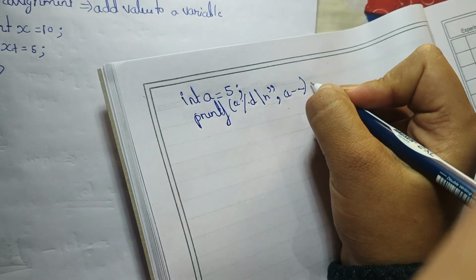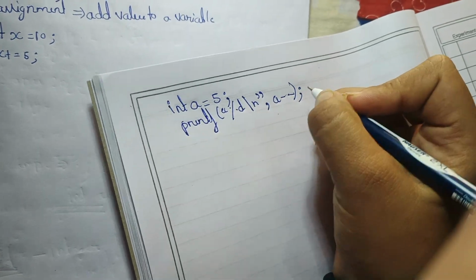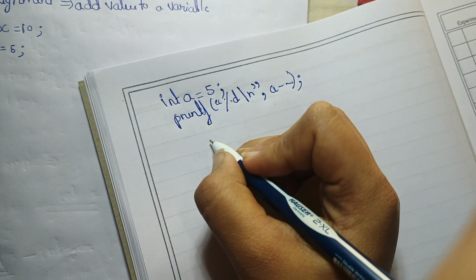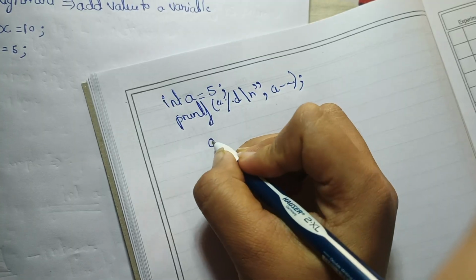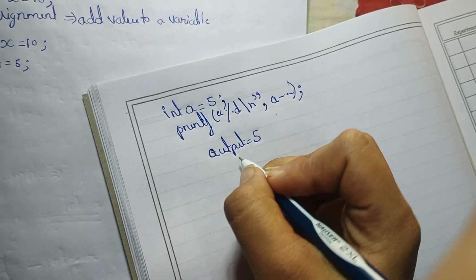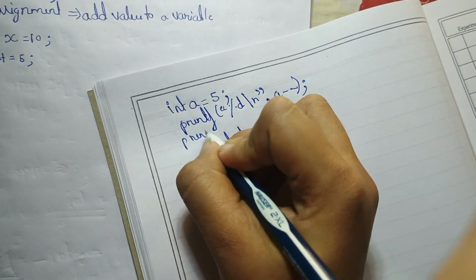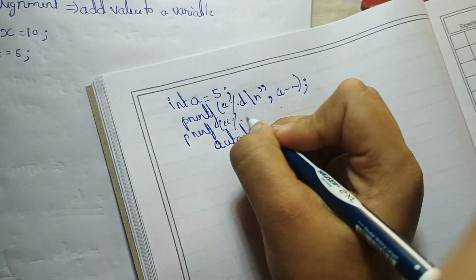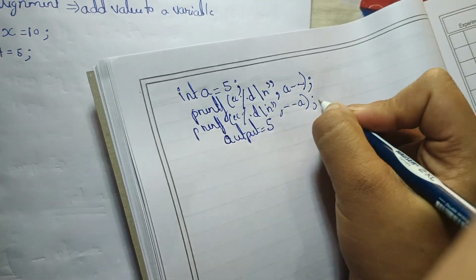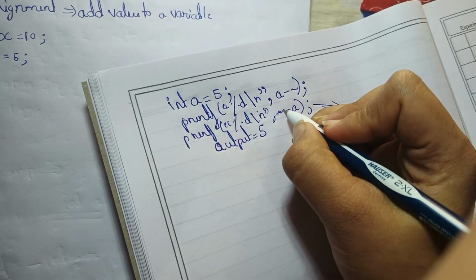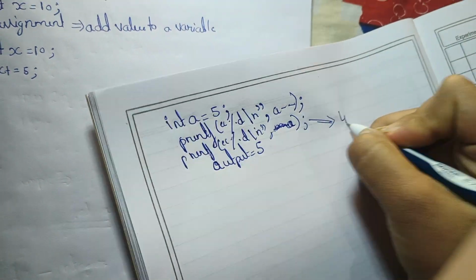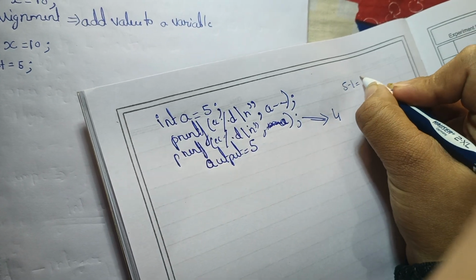The same concept as post-increment. First it will print, that is, the output will be 5 only. But if you print a again, then the output becomes 4. 5 minus 1 is equal to 4.